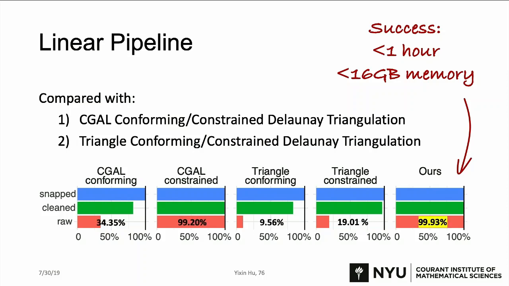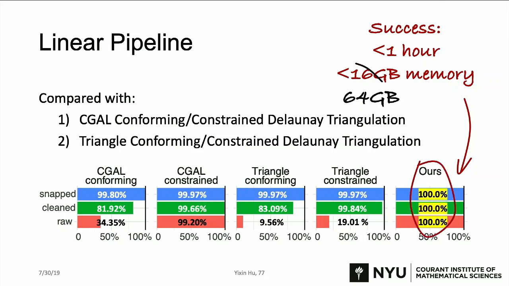When the dataset gets cleaned up, the overall success rate is increased, and here I highlighted the winner of each group. With enough resources given, our method can achieve 100% success rate. Note that 64 GB is not crazy. It can even be supported on a desktop computer. I'll skip the comparison on timing, mesh size, and mesh quality.